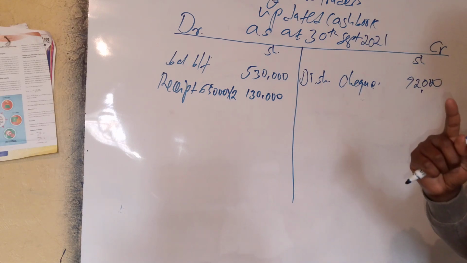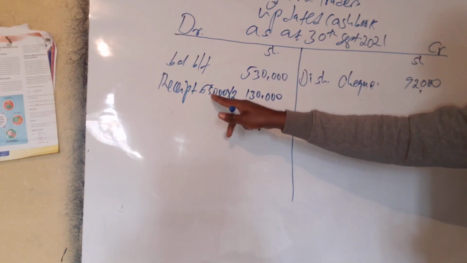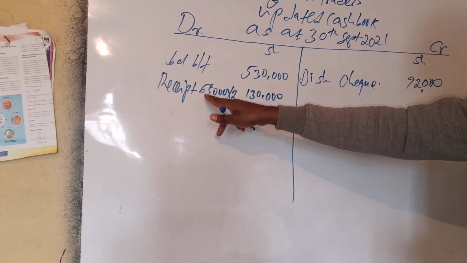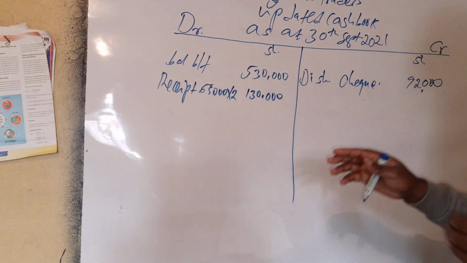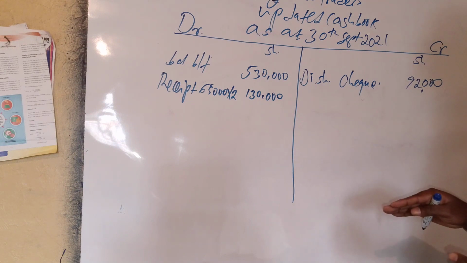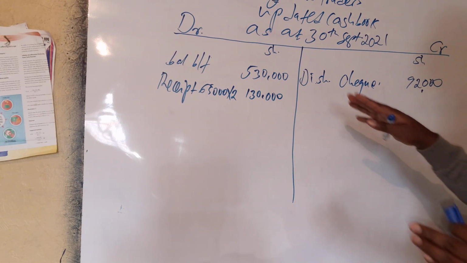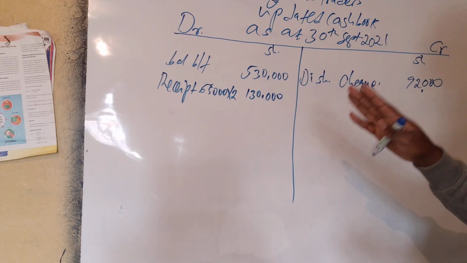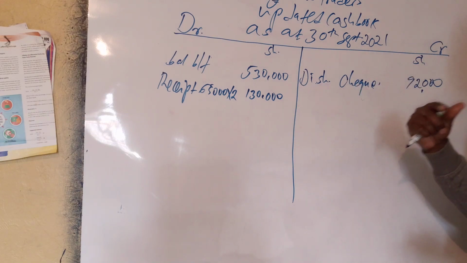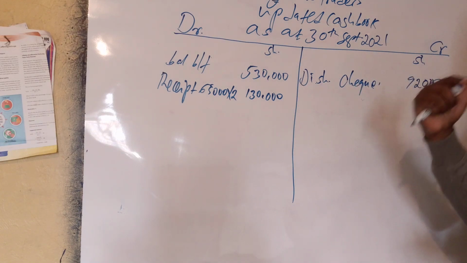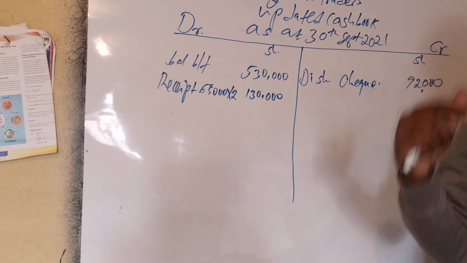Because if you record only 65,000, that will cancel the error, but in your account you remain with nothing. That is why we are doubling, so that we can remain with 65,000 in our account.